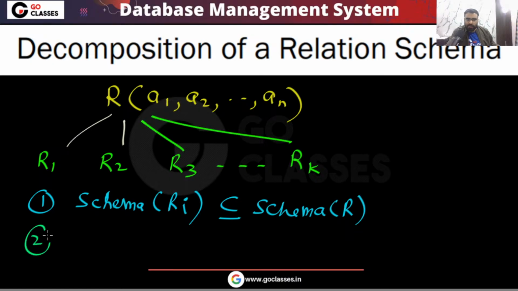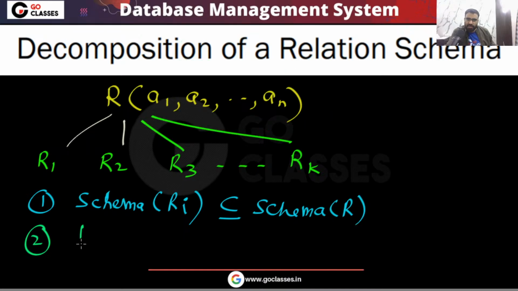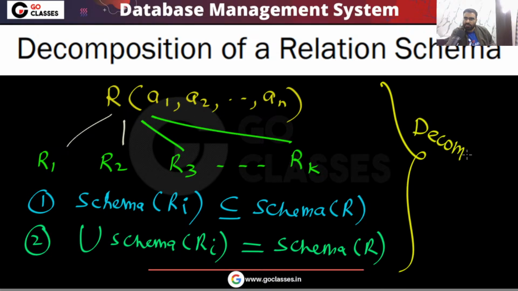The second property: if you do the union of the schema of all these sub-relations, then we should get the schema of the original relation. So the union of the schema of Ri should be equal to the schema of R. Now this complete thing is called decomposition.